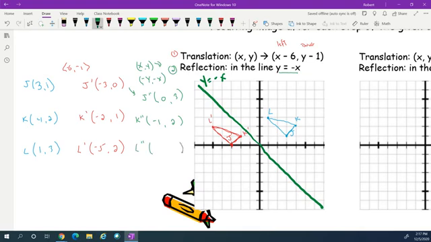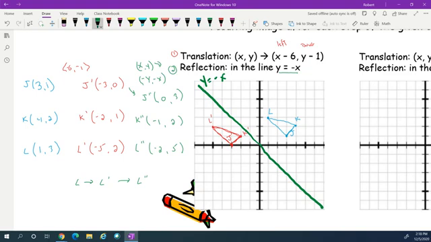L double prime. Remember, a composition is step by step, so we never go back to the original. L prime becomes L double prime. The -5 goes to the back but turns positive. The 2 comes up front and turns negative. So again, L becomes L prime, and that becomes L double prime.